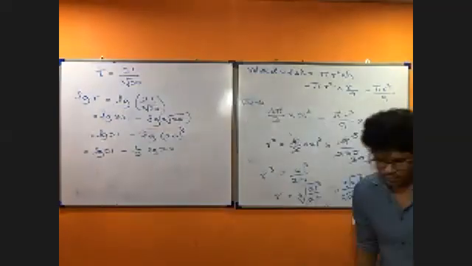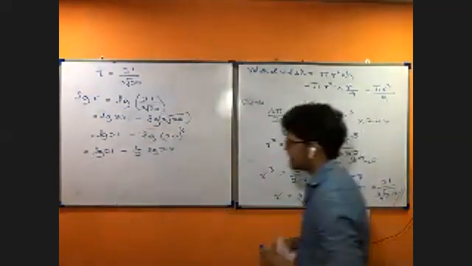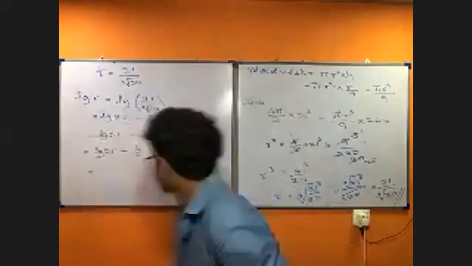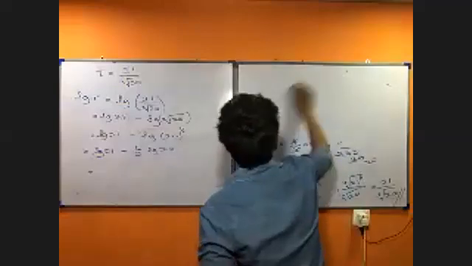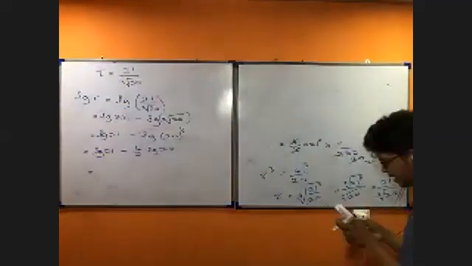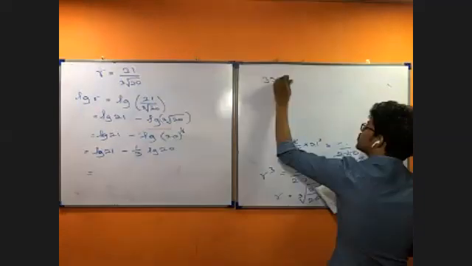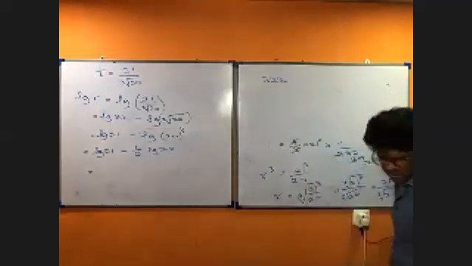Now you can find what is log 21. If you check the log table, you should get 3220, I think. Wait, let me see.